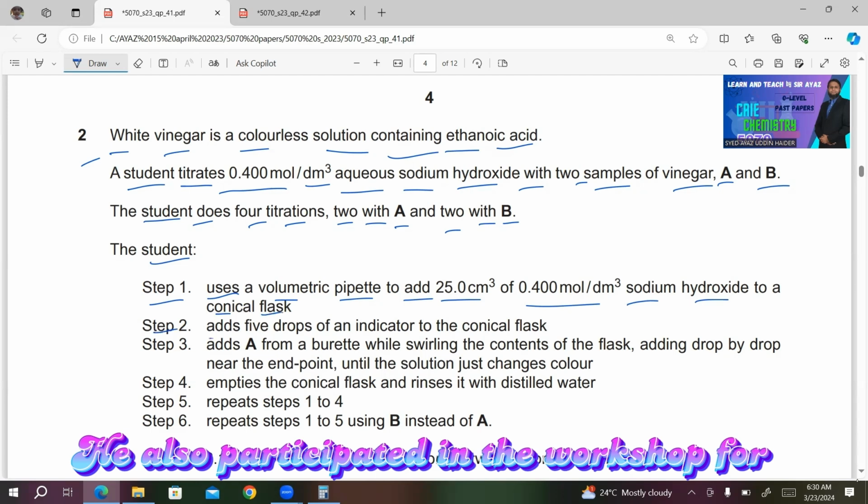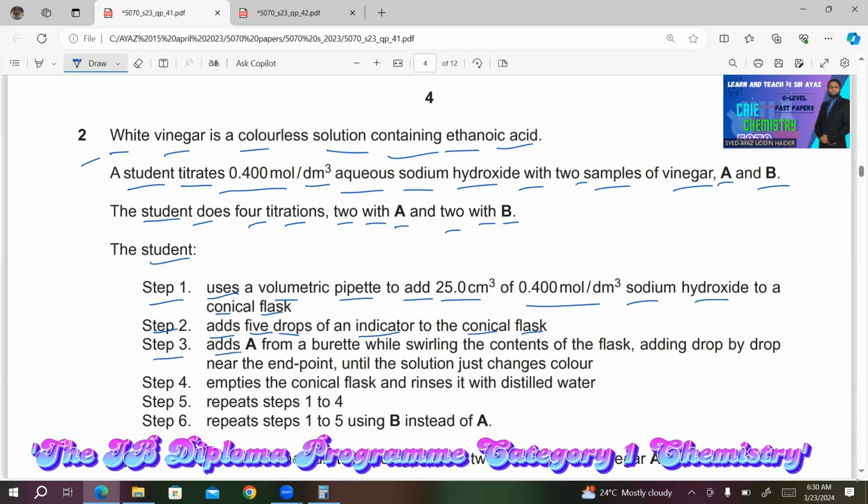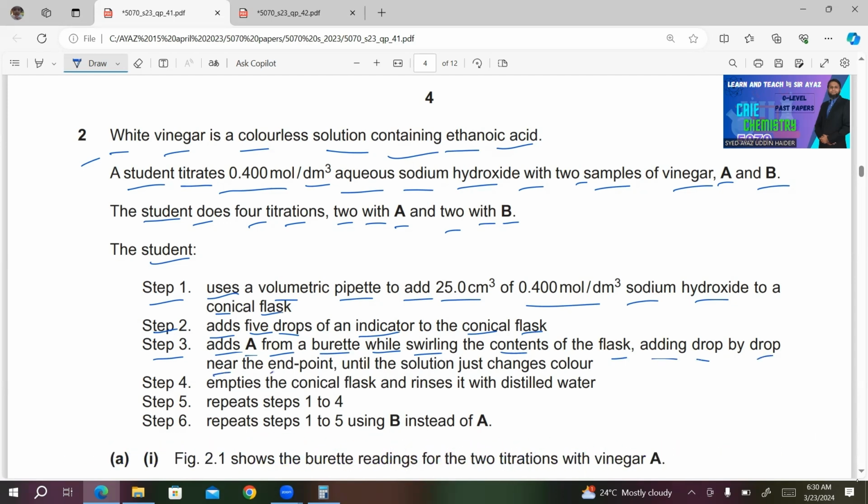Step 2, adds 5 drops of an indicator to the conical flask. Step 3, adds A from a burette while swirling the contents of the flask, adding drop by drop near the end point until the solution just changes color.